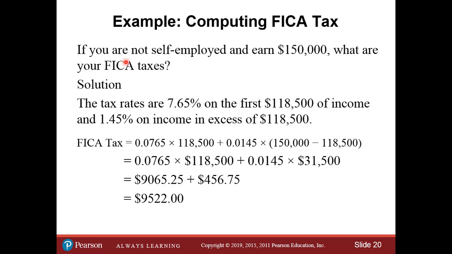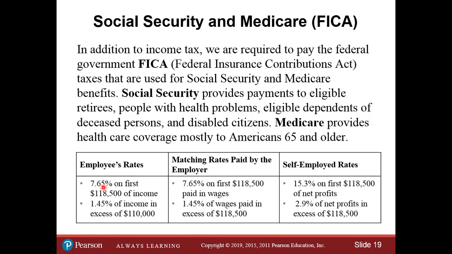Okay, so now if you are not self-employed and you earn $150,000, what are going to be your FICA taxes? Well, the tax rates are 7.65% on the first $118,500, and then 1.45% on everything over that amount.